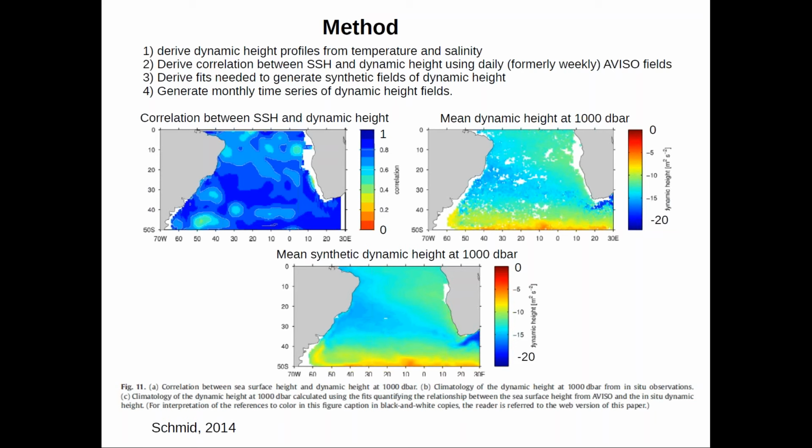The rest didn't change. We derive the fits needed to generate synthetic dynamic height fields. From that we get monthly time series of those fields, and then we can estimate the geostrophic velocity and get the time series that way. That's basically a velocity field with respect to 1,000 meters or decibars.